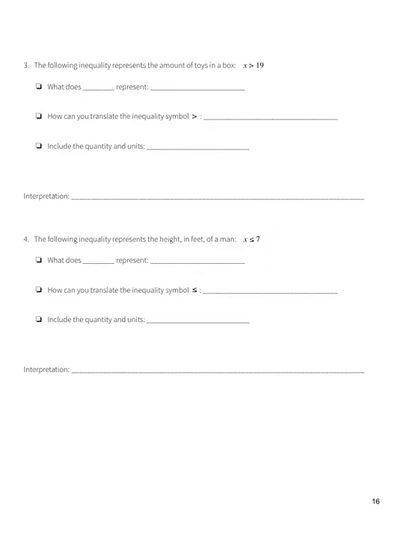Okay, there are 2 more I'm going to do with you, and then on the next page, you're going to try those ones on your own. So let's look at this. The following inequality represents the amount of toys in a box. X is greater than 19. So as always, the first thing that we do is we need to define our variable. What does X represent?